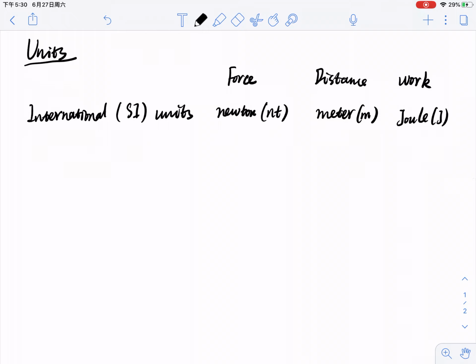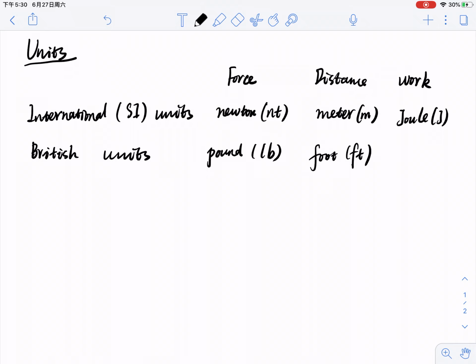In British units, the unit of force is the pound. LB is short for pound. The unit of distance is the foot. FT is short for foot.